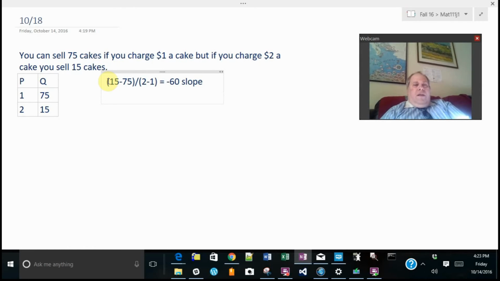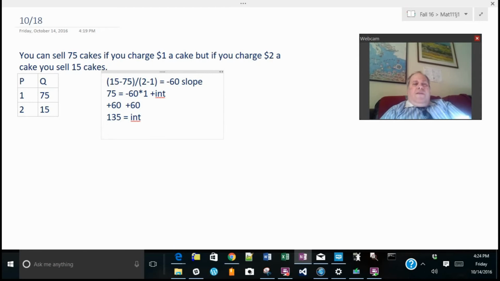Then we plug in: 75 equals negative 60 times 1 plus the intercept. We add 60 to both sides, and that gives us 135 as the intercept.